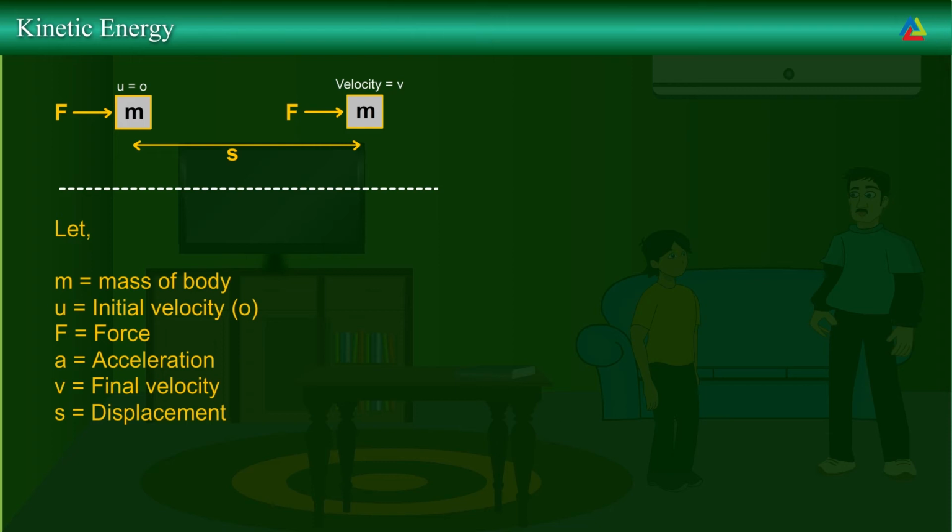According to Newton's second law, force is equal to the product of mass and acceleration. Work done on the object will be equal to force multiplied by displacement. So, W will be equal to mass multiplied by acceleration multiplied by displacement.